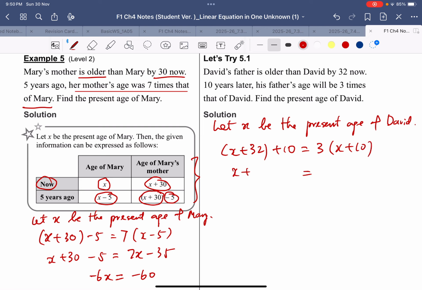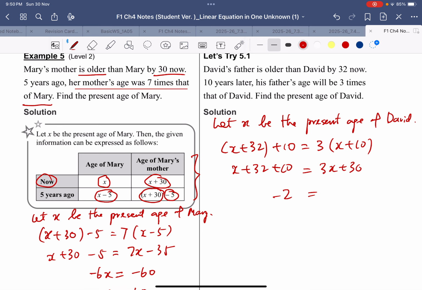And then remove the bracket, put X to one side, solve for X. Conclusion, the present age of David is 6.